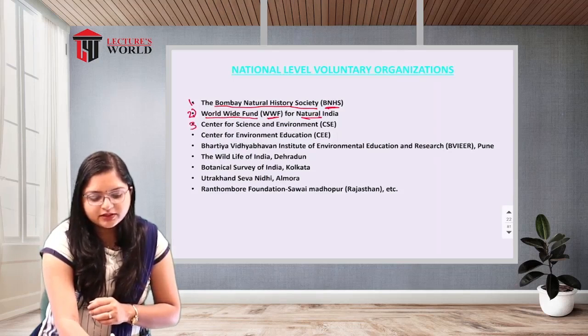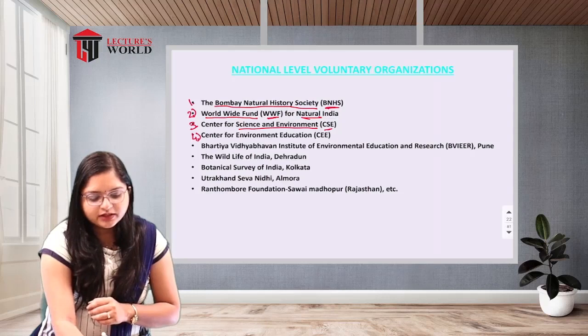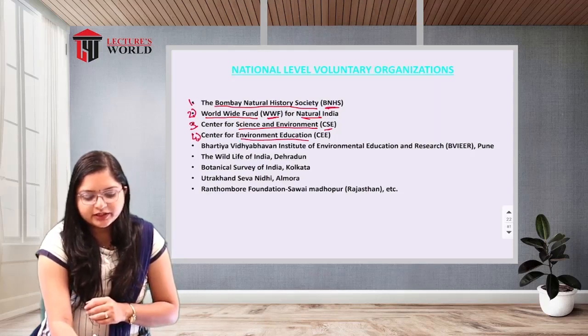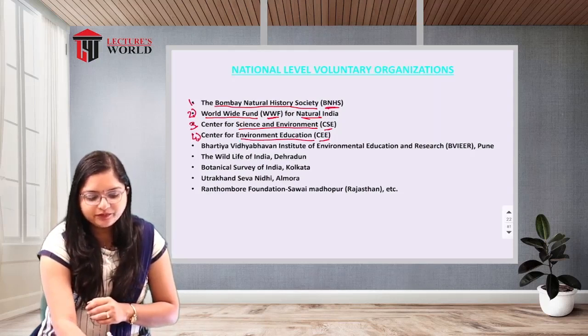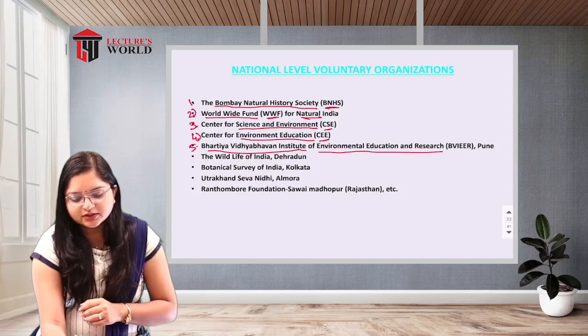The third one is the Centre for Science and Environment, that is CSE. Next is the Centre for Environment Education, that is CEE. The fifth is the Bharatiya Vidya Bhavan Institute of Environmental Education and Research, that is BVIEER, which is at Pune.